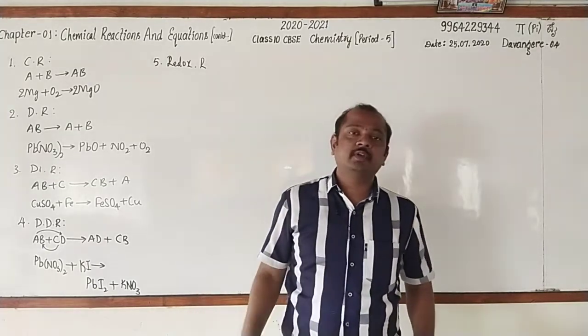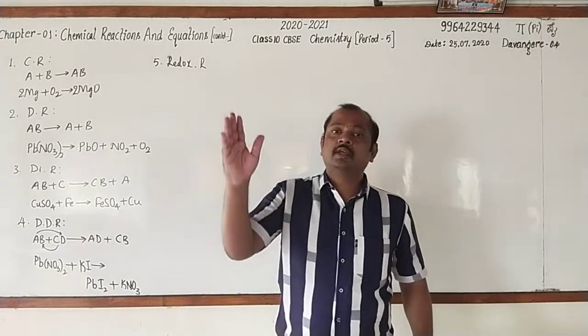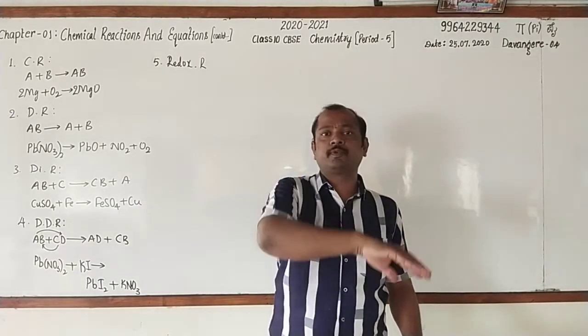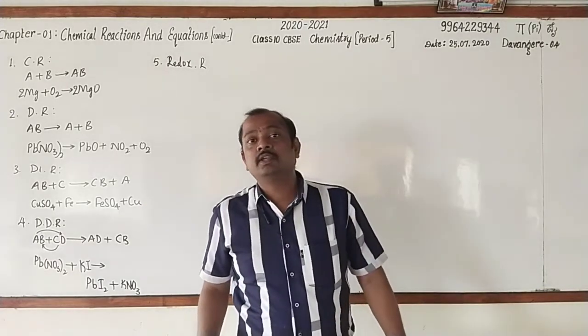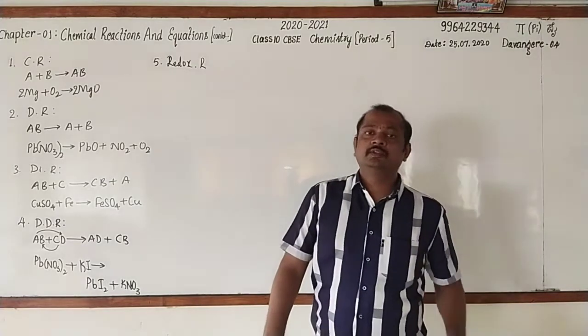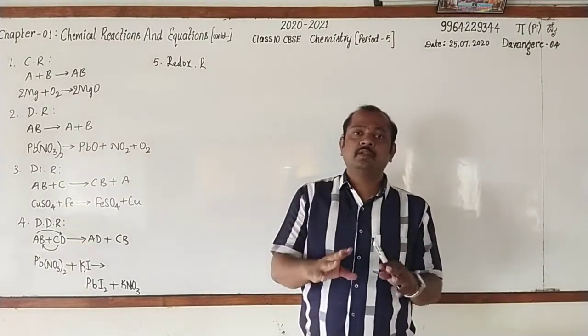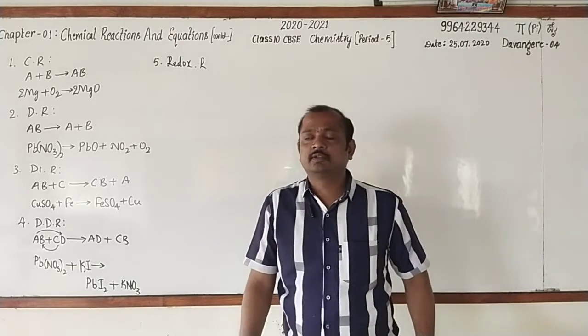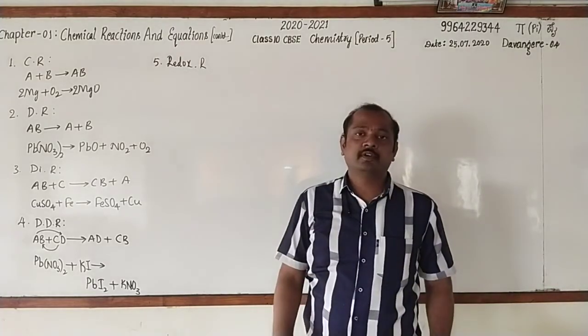Then what about reduction? The addition of hydrogen to a substance or removal of oxygen from a substance in a chemical reaction is called reduction. There are some chemical reactions in which both types take place together. That is called redox reaction.